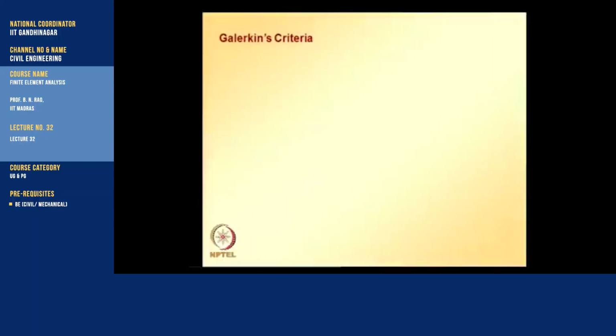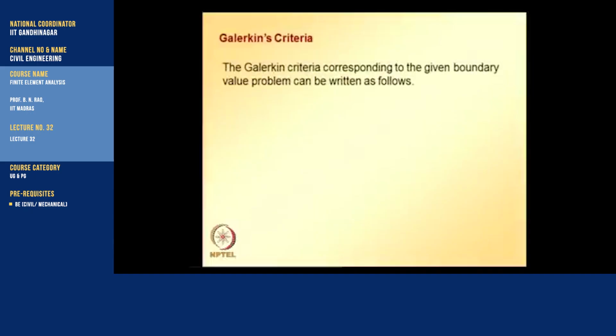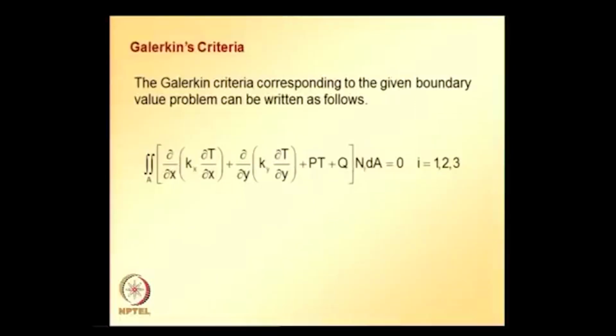If you recall, we used the Galerkin criteria and derived the finite element equations. The Galerkin criteria corresponding to the general 2-dimensional boundary value problem can be written like this, and we can use Green's theorem on the first two terms.